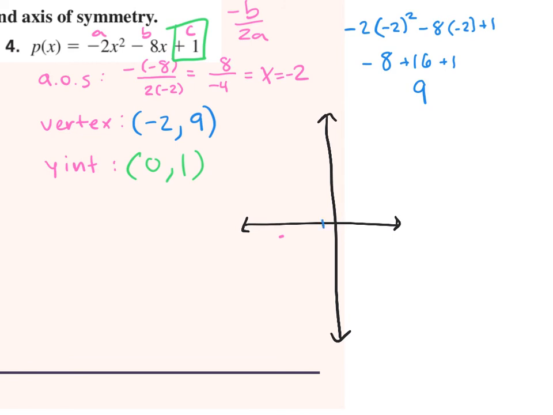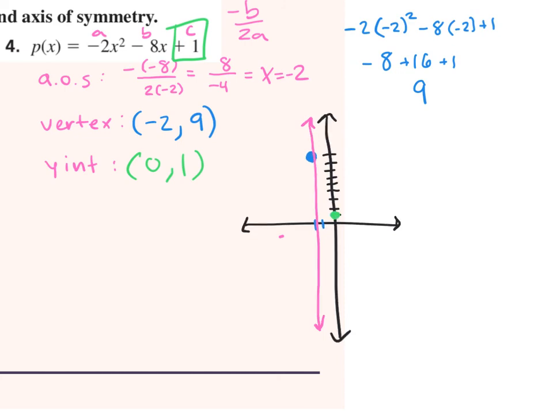We go to the left 2 and up 9. So our first point is going to be right here, -2, 9. Our axis of symmetry is going to go right through that point at -2. And then we can graph our y-intercept at 0, 1.